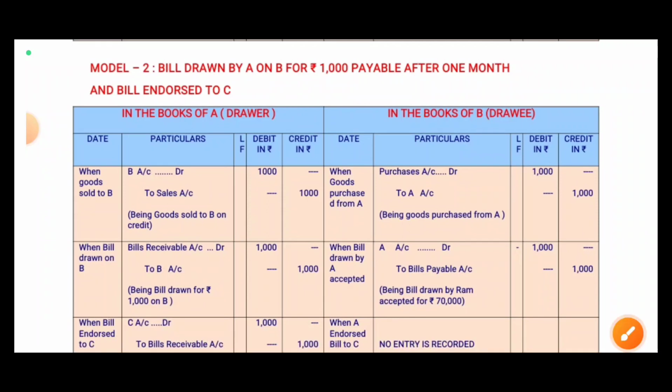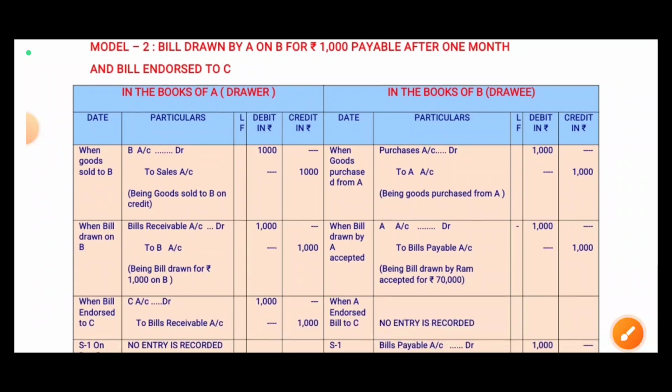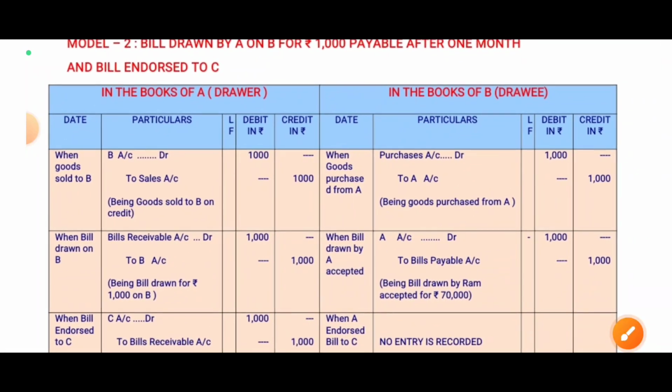So without wasting further time, let us see in case of endorsement what will be the various situations, how it will be recorded in the books of drawer and in the books of drawee. So let us see one by one.